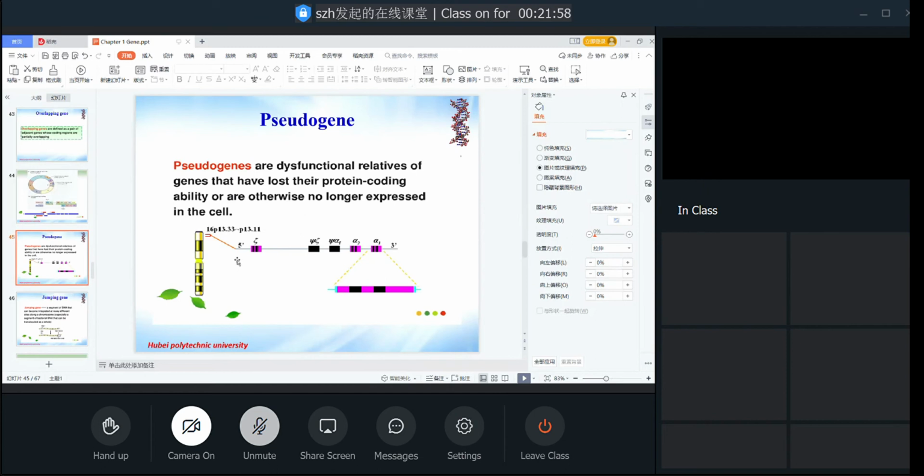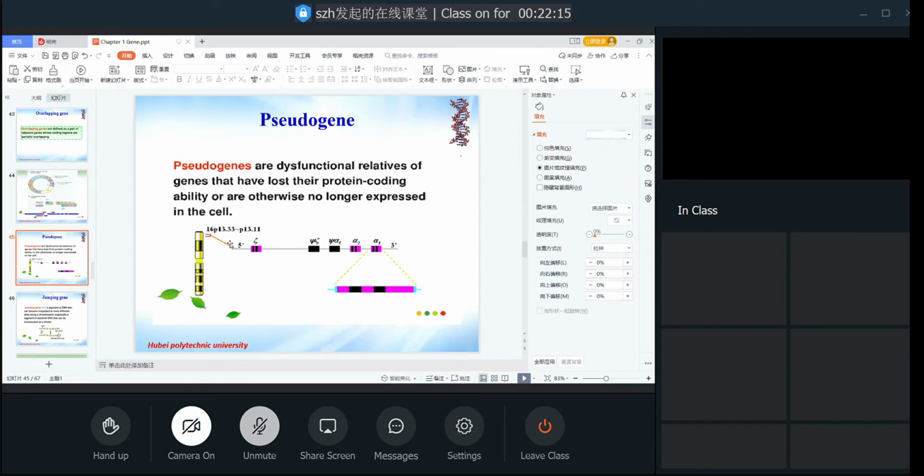This kind of structural gene is given the name pseudogene. Maybe if you combine it with the globin protein, it is easy to understand.